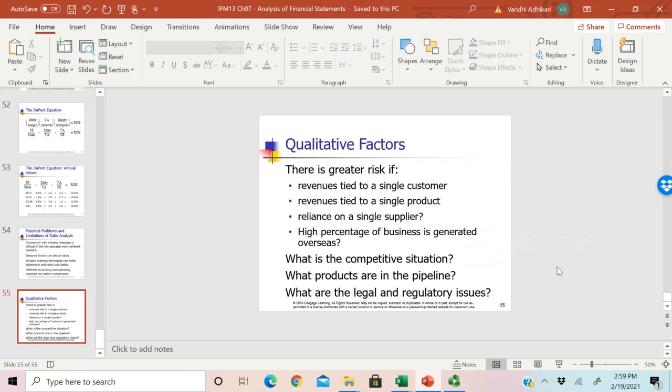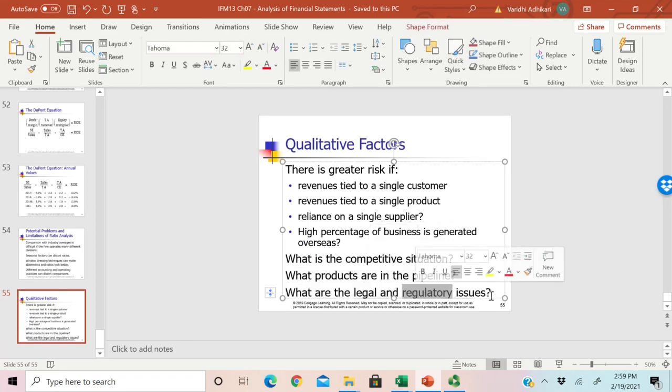What is the competitive situation? What are the regulatory issues? What regulation is it likely to face? So for example, ratio analysis will not tell you the future of, for example, fossil fuel right now, right? Because you don't know what the future is going to be given the current administration and so on. But these are basic things which will allow you to ask the right questions.